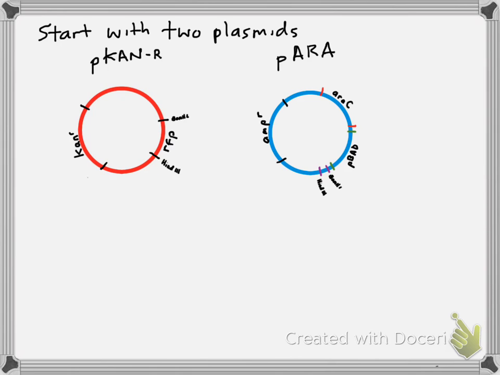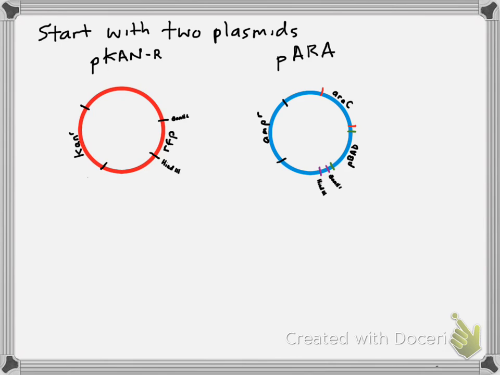Then we had two other tubes, the A plus tube that had the pARA plasmid with the restriction enzymes added, and then the pARA plasmid with no restriction enzymes was in the A minus tube. So we have K plus, K minus, A plus, A minus.